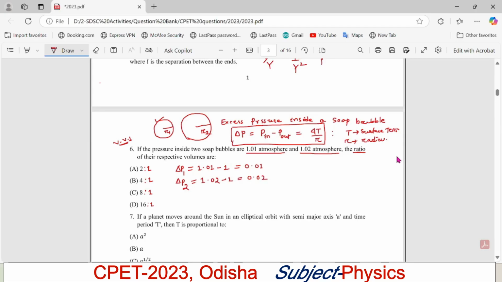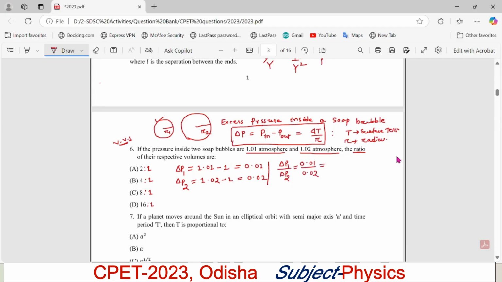Now just take the ratio, delta P1 by delta P2, which is 0.01 by 0.02. See, the excess pressure formula is 4T by R.